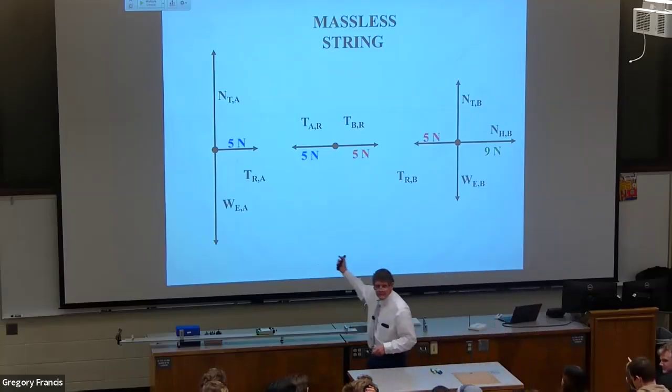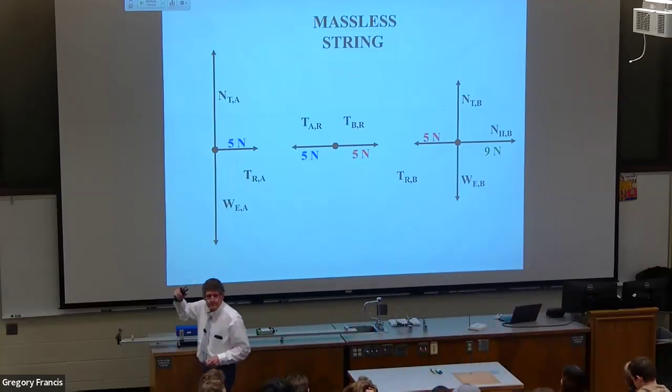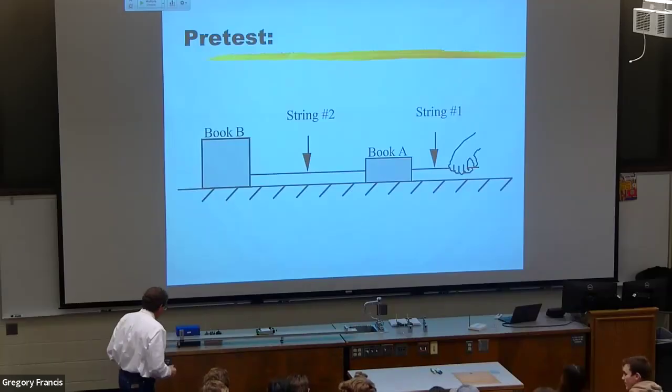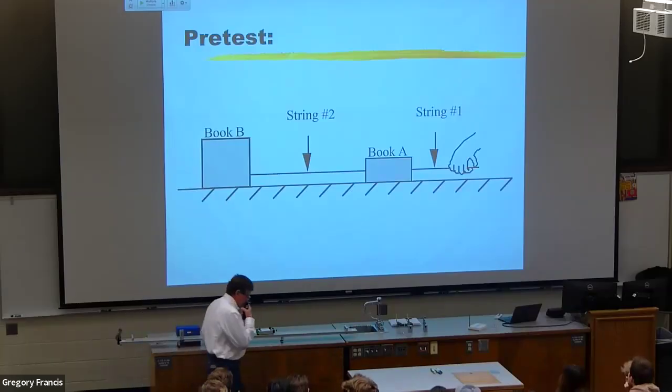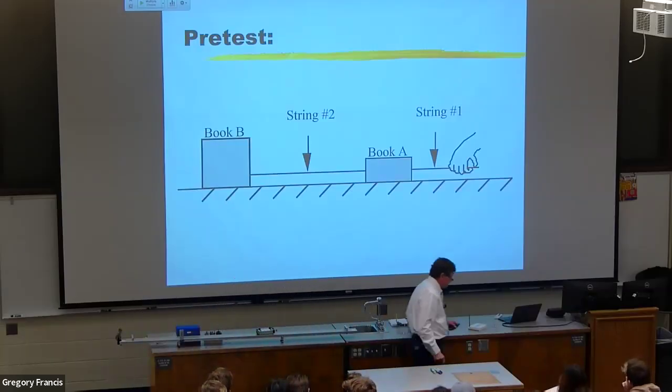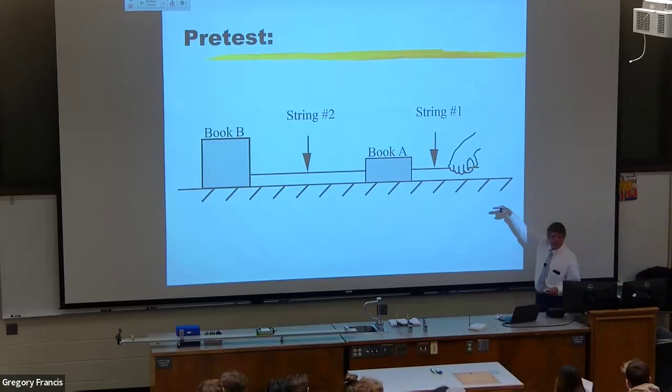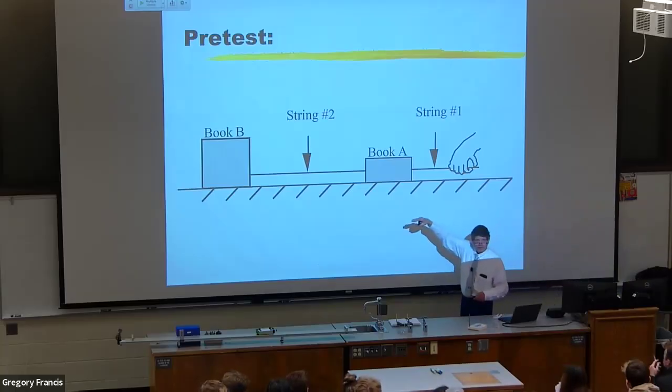Okay. How are we feeling about this? Do the numbers help? Okay. So let's go to this pretest that you took on Tuesday. You remember this table had friction, okay?